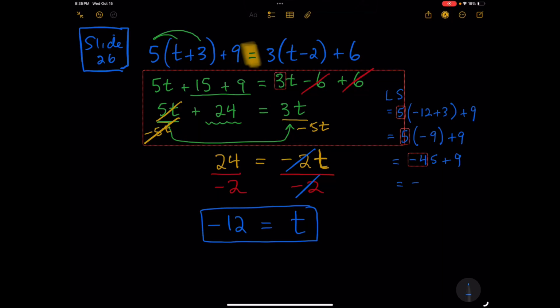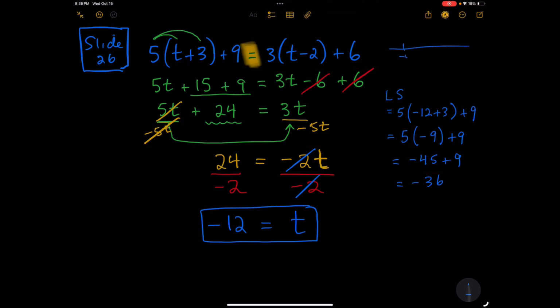And that's going to be negative 36. Because if you think about a number line and you think of where minus 45 is, here's 0, and we're minus 45 plus 9, we end up in this area, minus 36.